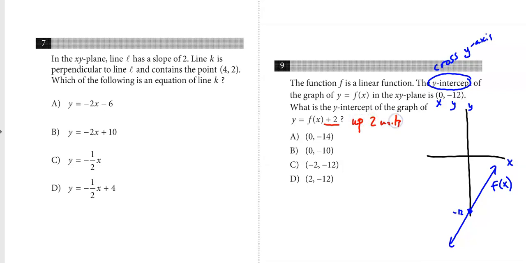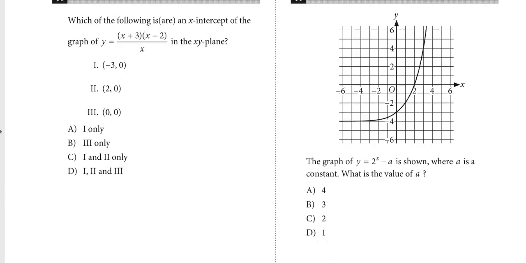So regardless of what the slope is, if my line's going to go up 2 units and just shift up, I've now moved from negative 12 to negative 10. So it looks like my y-intercept is going to now be right here at 0, negative 10. So that was just kind of a linear transformation problem, they call it.